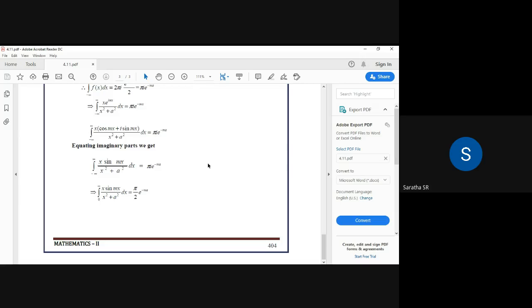Can you understand? Then the sine function is always an odd function. We know that f of minus x equal to minus f of x means that is an odd function. f of minus x equal to f of x means that is an even function. See, in the denominator, f of x is x square plus a square. Now replace x by minus x.